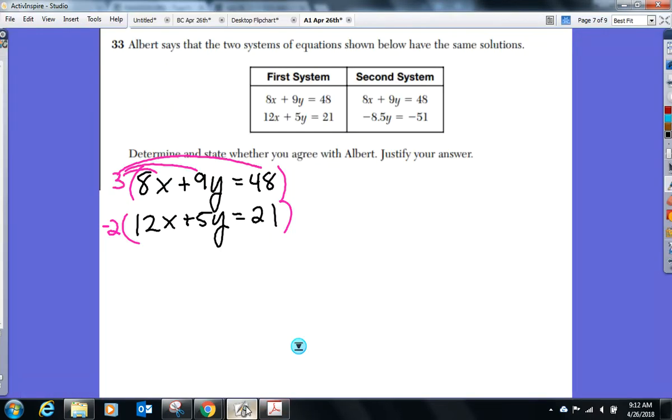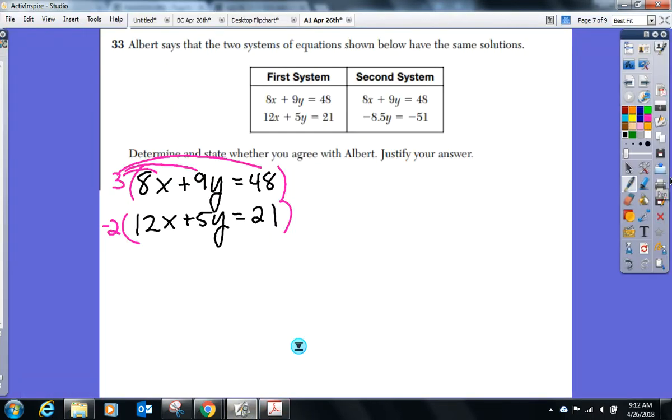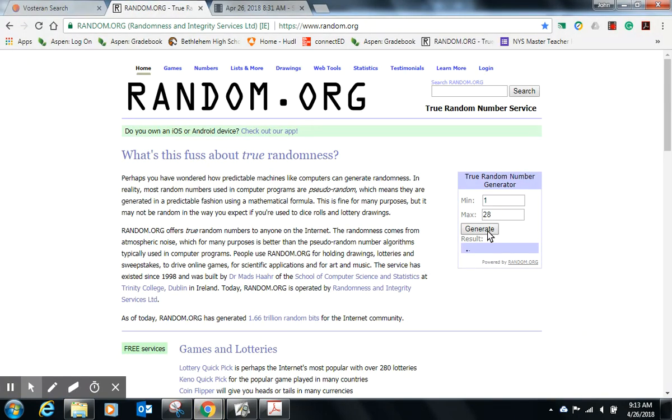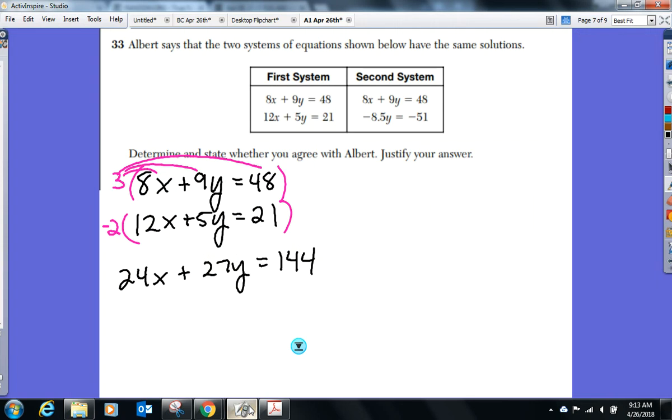What do you end up when you distribute that 3 all the way across? 24x plus 27y equals 48 times 3? 144. Nice job. Okay, somebody else, I'm going to need to distribute that negative 2 all the way across. Here you go, 9. Can you distribute that 2 all the way across?